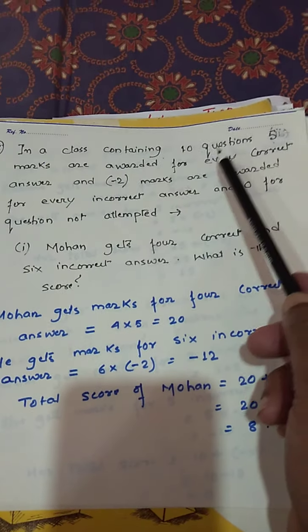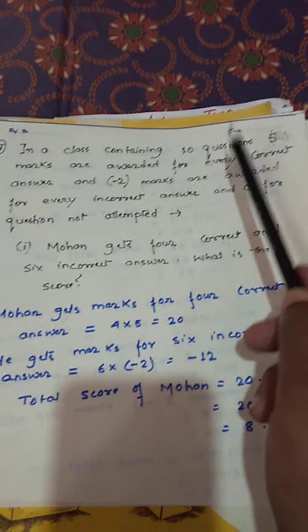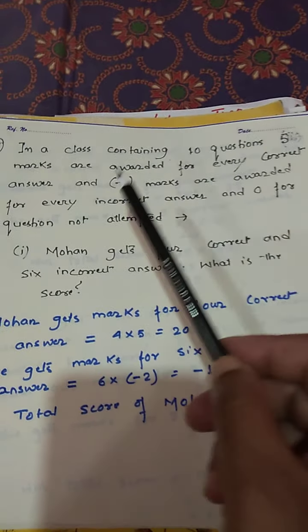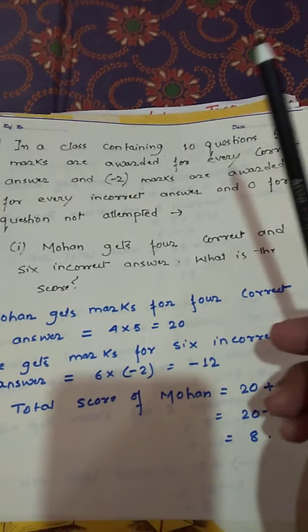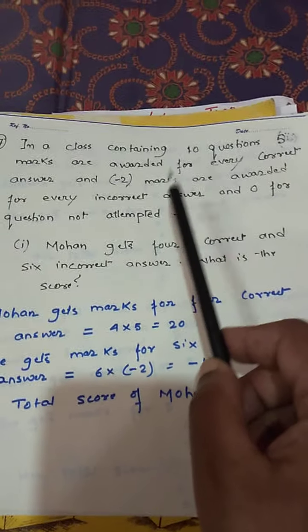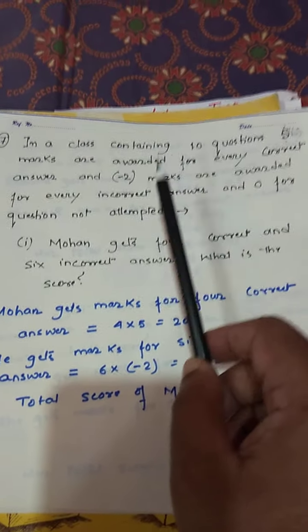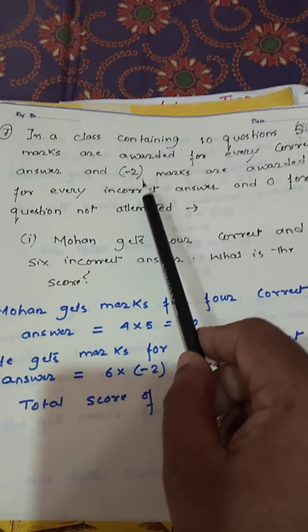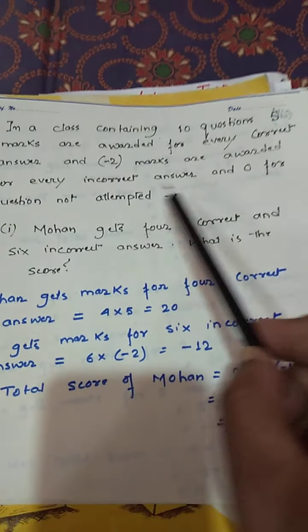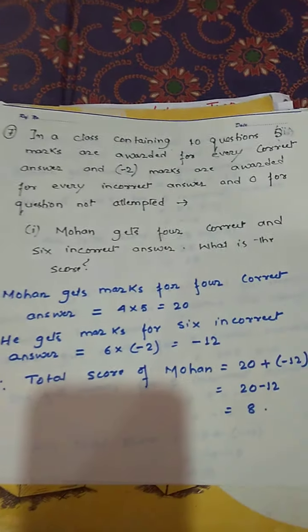That is, the total number of questions is 10. If anyone gives a correct answer, then he would be awarded 5 marks for each question. And if anyone answers incorrectly, then for each incorrect answer a person will score what? -2. So this is the description they have given about the examination.